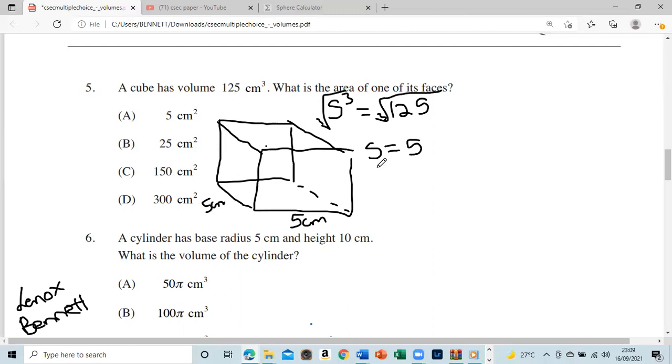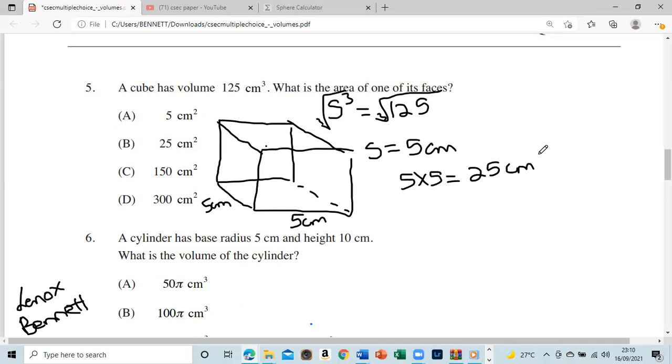Right? After we do that, we find the 5 side. You can find the area for one side, right? So do 5 times 5. That is for one side, because all of it is equal. So it's 25. But how many sides does it have in all?